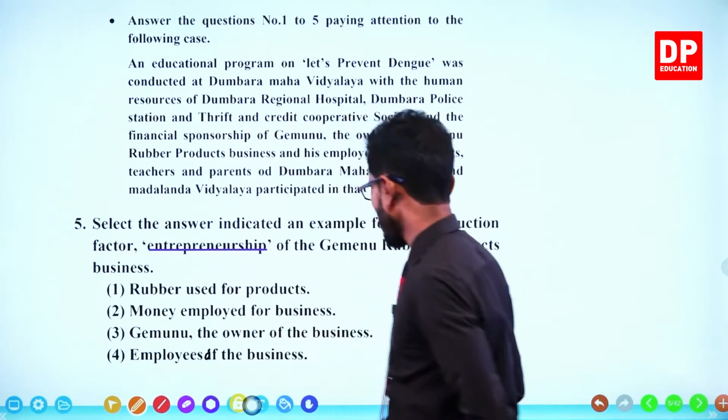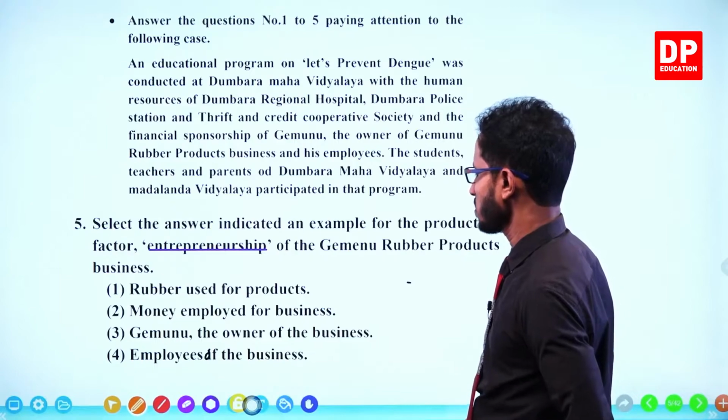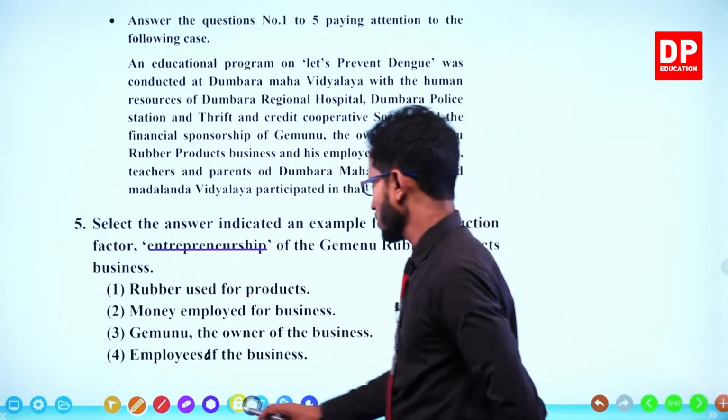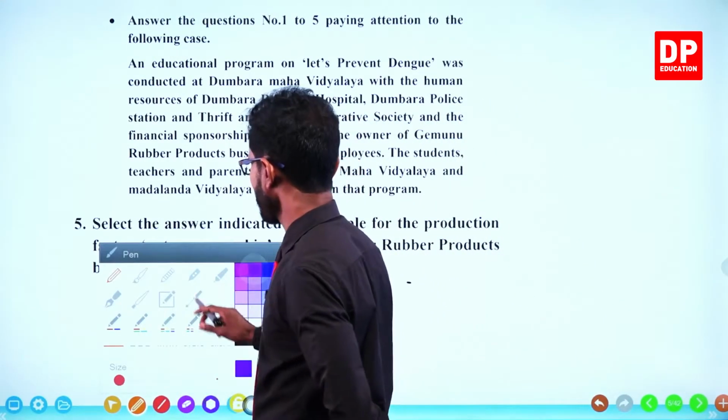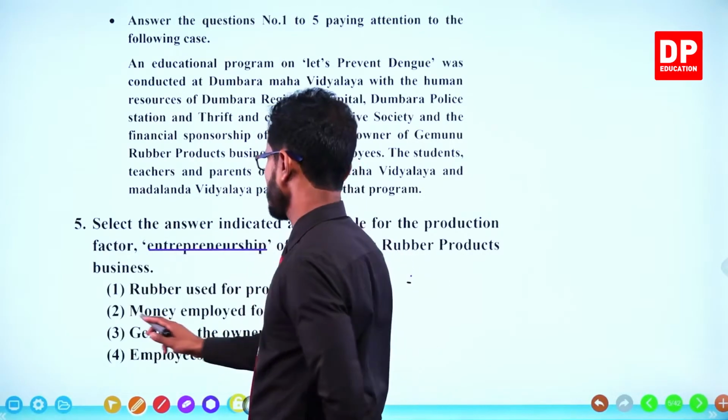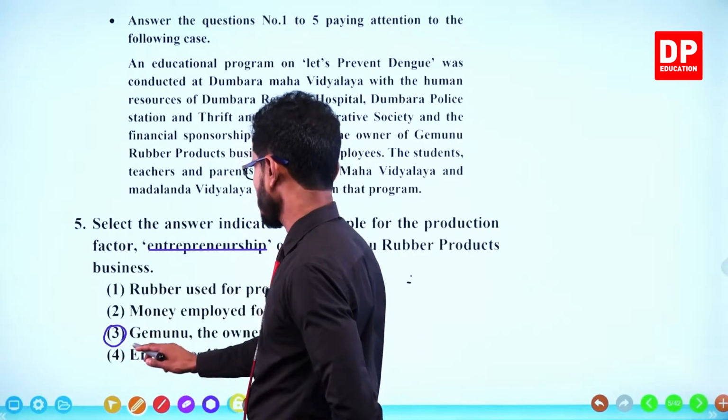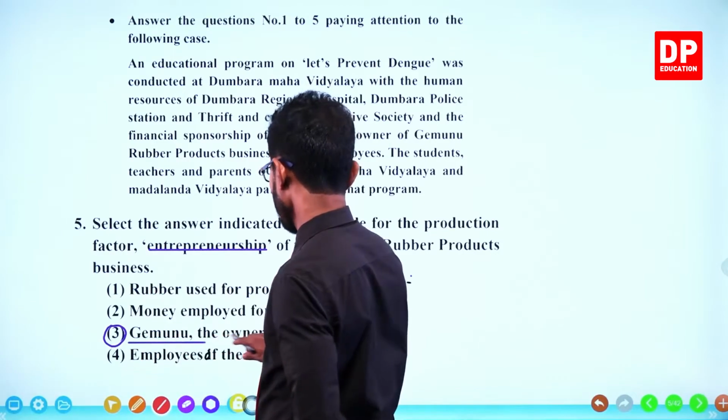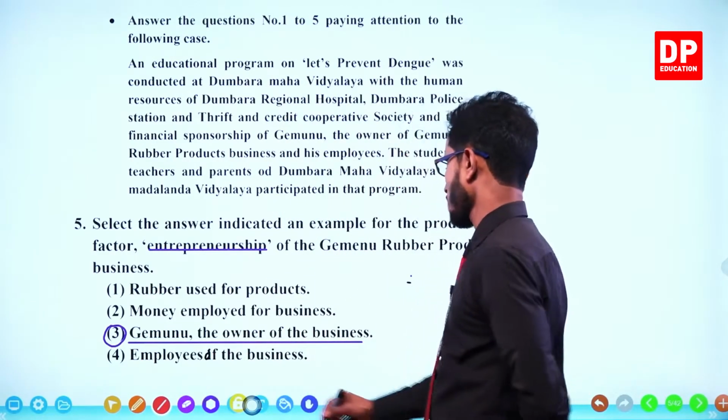Employees of the business: which production factor is employees? Labor. This is the entrepreneur of the business, entrepreneurship. Gamunu, the owner of the business.